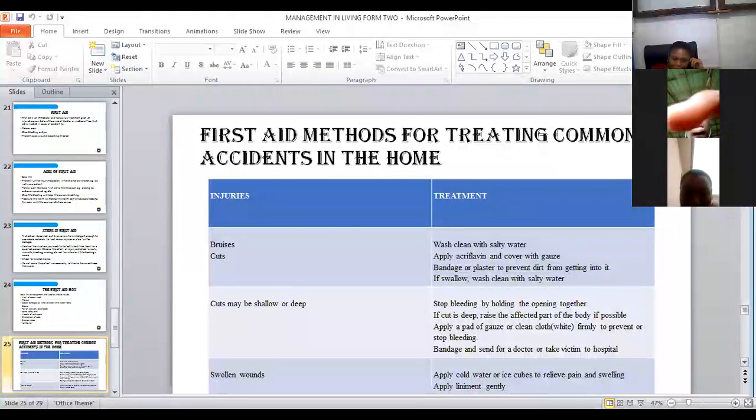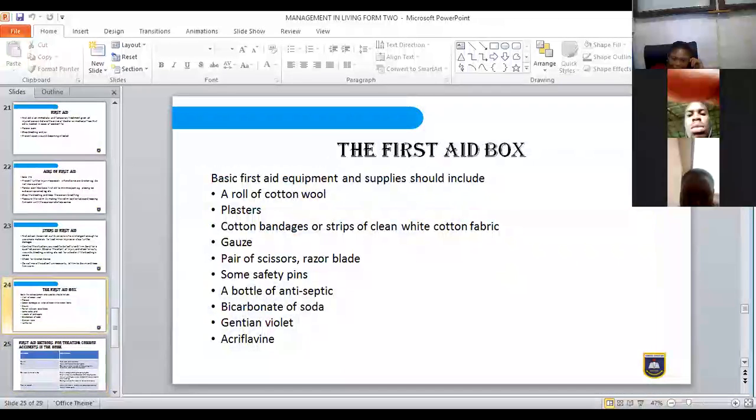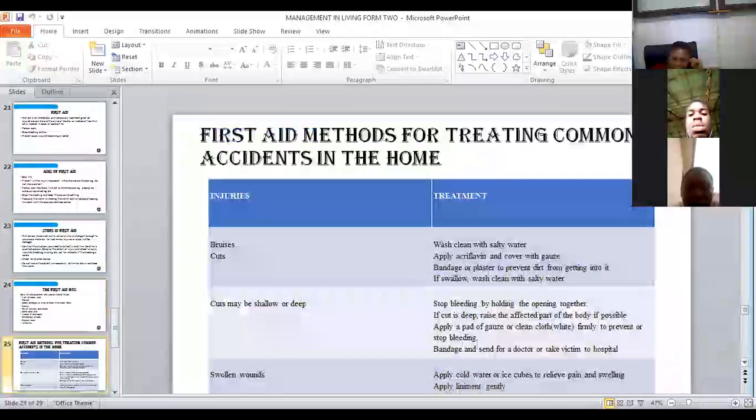Bruises and cuts. How do you think we can treat bruises and cuts? I need your opinion first before we look at what we have in the slide.